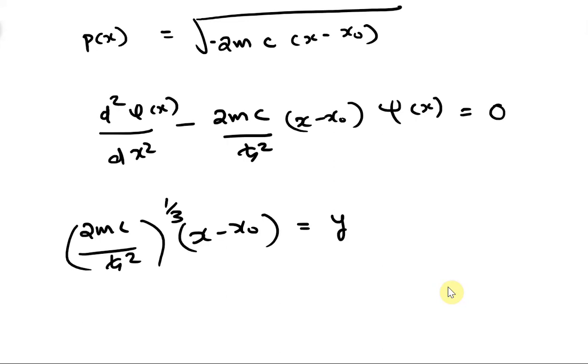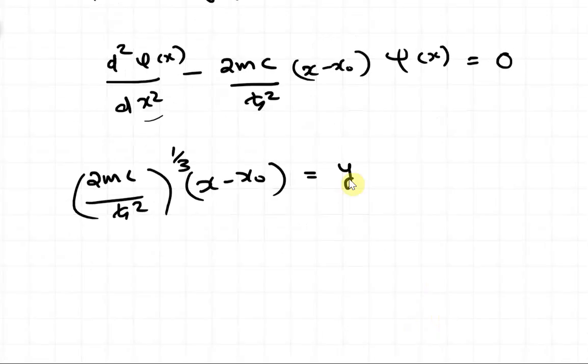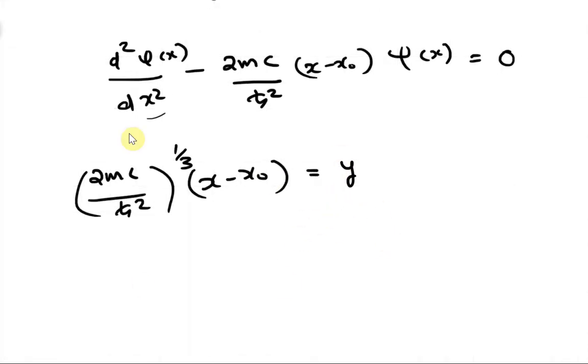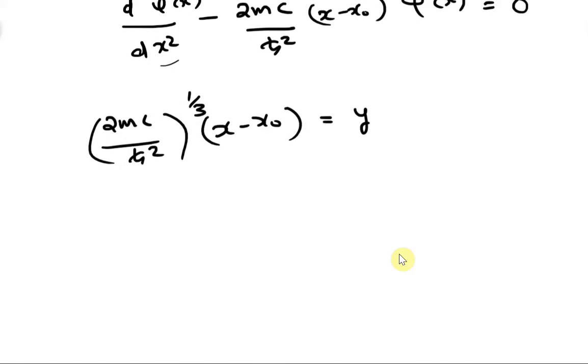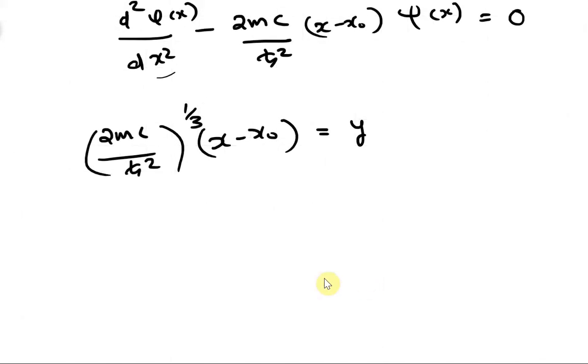Okay, so when you put d by dx square, just take the differentiation of that two times, obtain that value, and you will have something like 2mc by h cross square coming in.